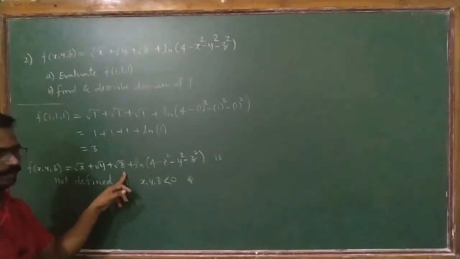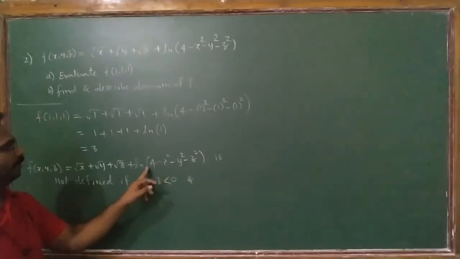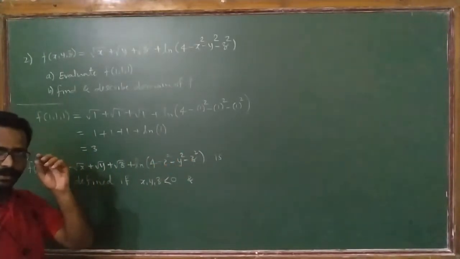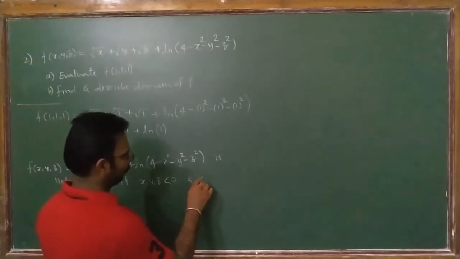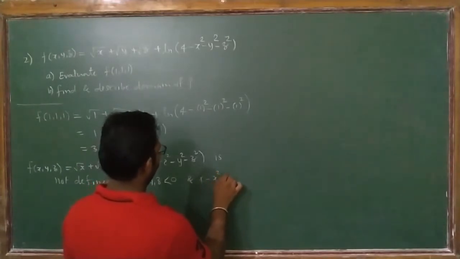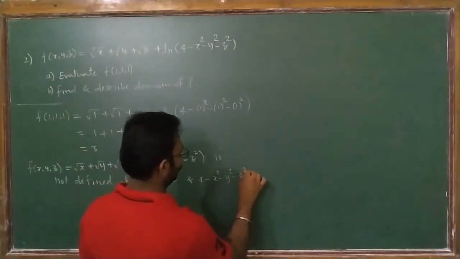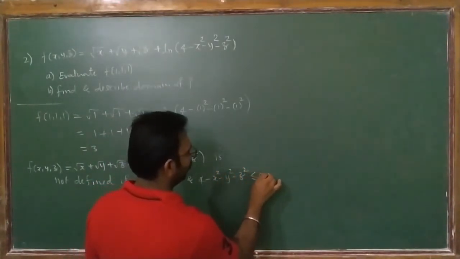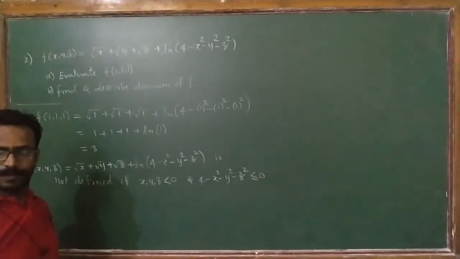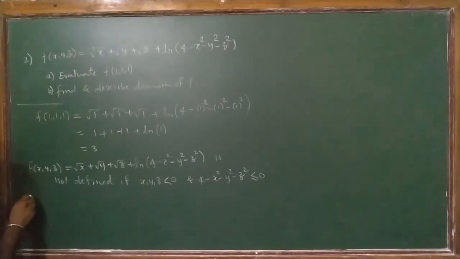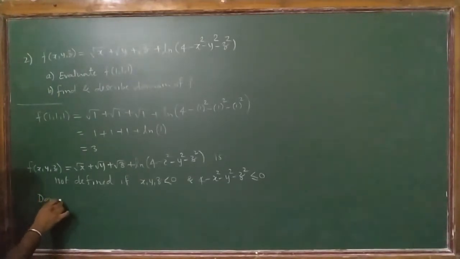Also, if the quantity under the logarithm is 0 or negative, that is, if 4 minus x square minus y square minus z square is negative or equal to 0.